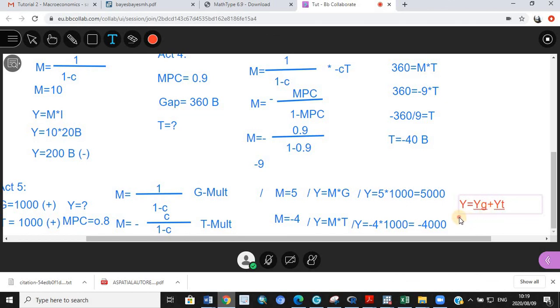So here we will have y equals 5000 minus 4000, right?